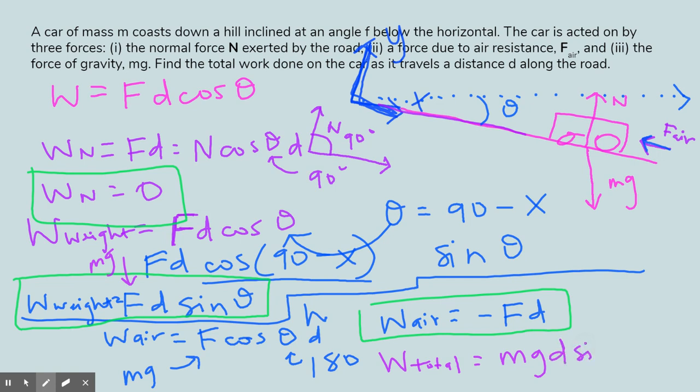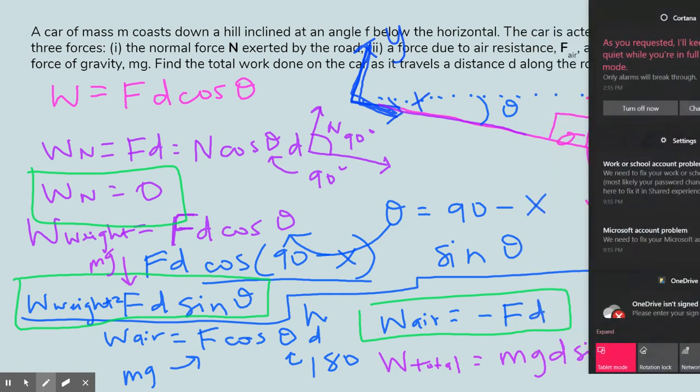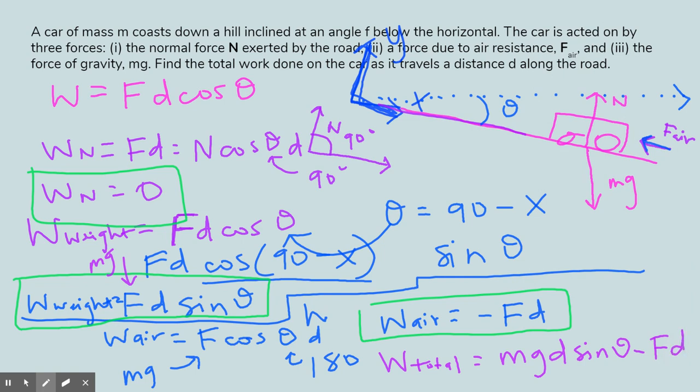I'm going to rearrange it, mgd sine theta minus, and this is the force from air times the distance. So here would be the final answer. And if part of that wasn't clear, please just let me know and I would be happy to answer your questions.